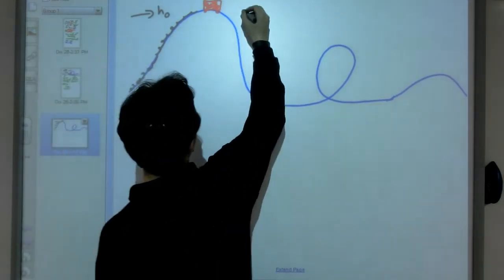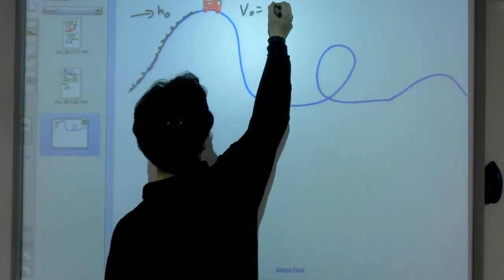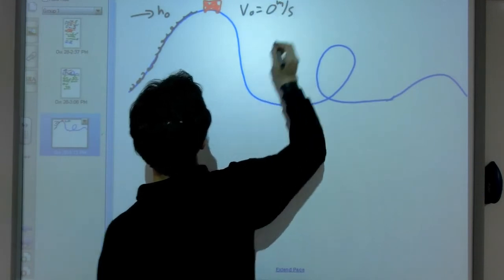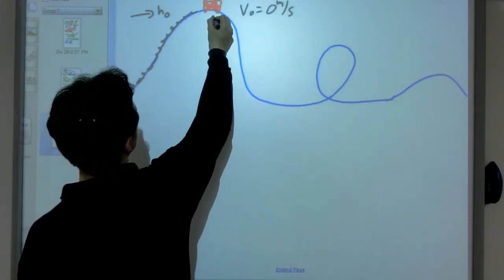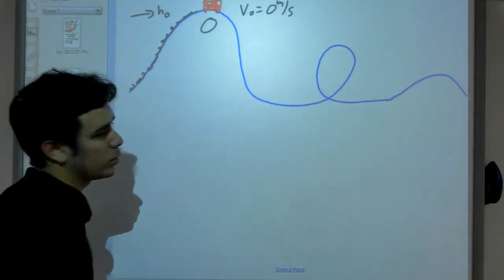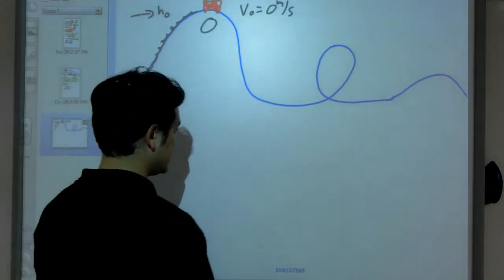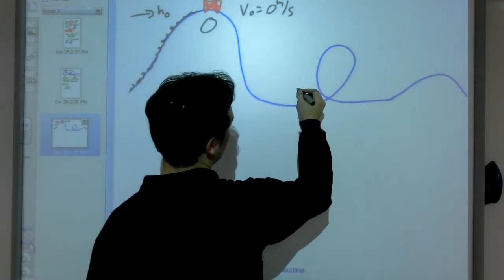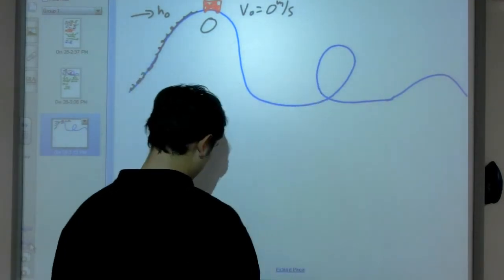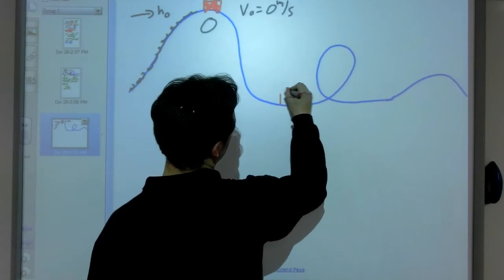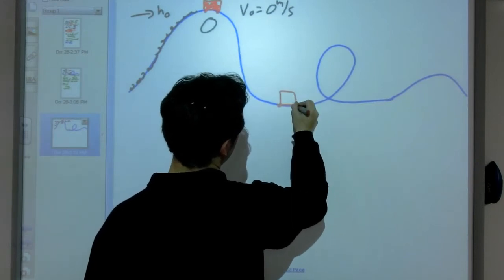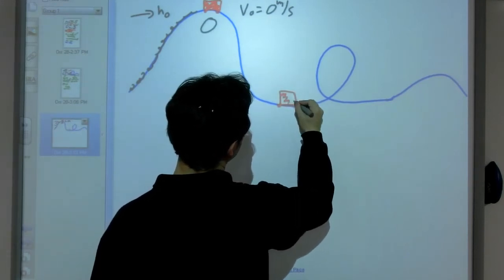I'm going to say that it has an initial velocity equal to 0 meters per second. And this is going to be our position 0, in other words, our very beginning position. What I want to know is how fast is it going down here at a different point, basically when it gets to the bottom of the first hill.